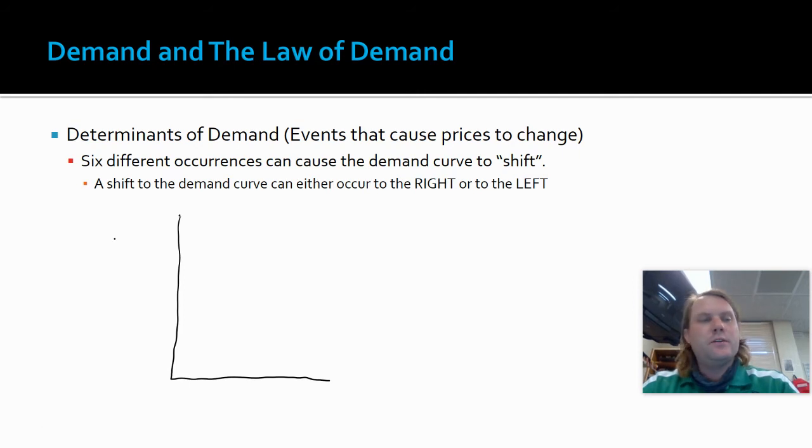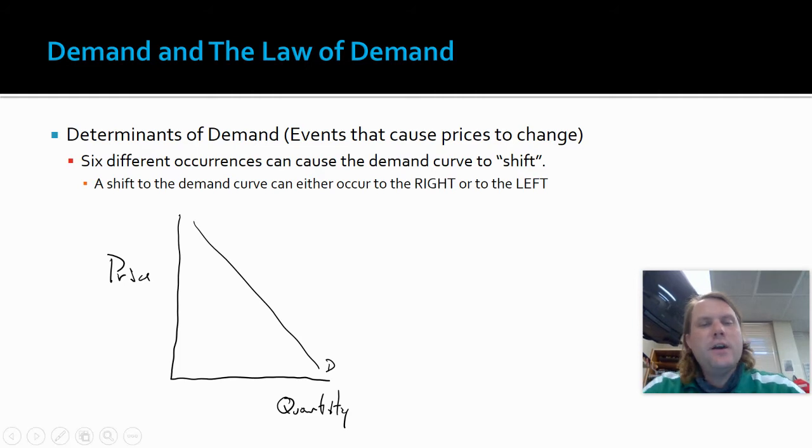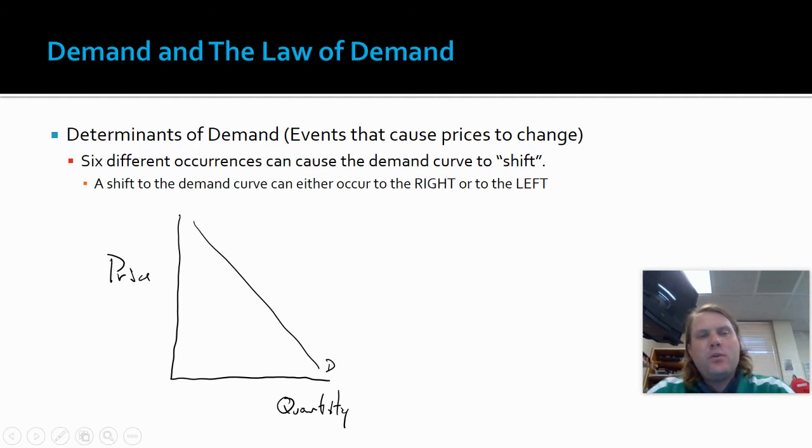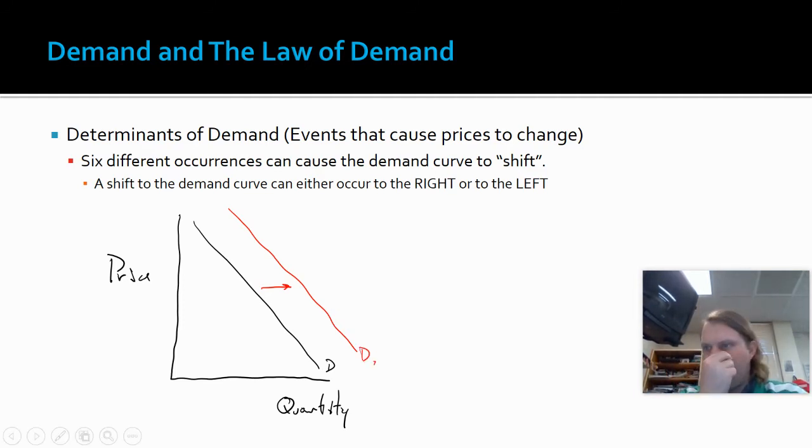I'm going to hold off on labeling these with numbers this time. So we've got our price still, we've got our quantity still, and then our demand is right here. Now, if something happens that makes us increase our demand, we're going to shift it to the right. And what can make us increase our demand? Well, if we make more money, think about what you would buy first if you made more money.